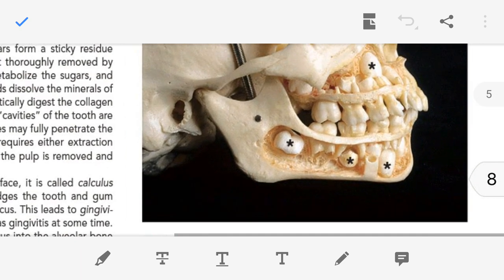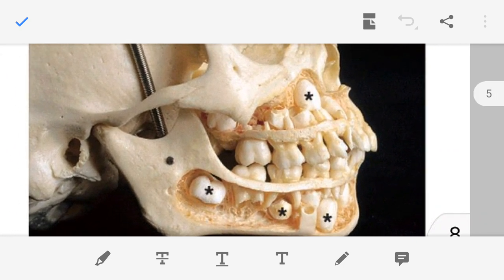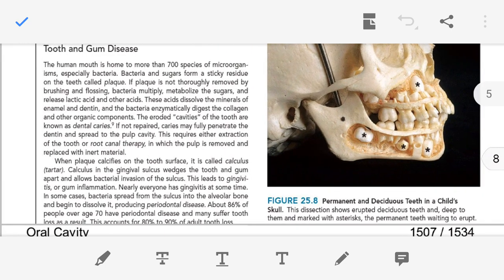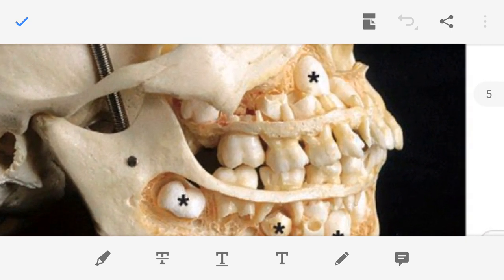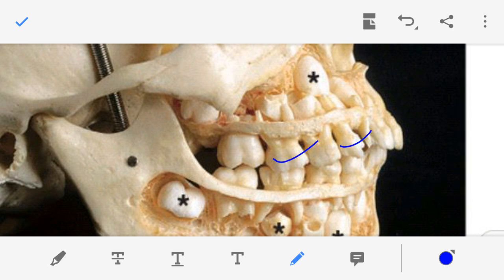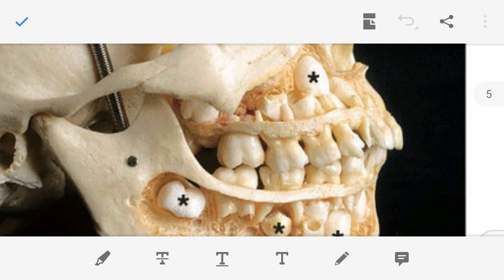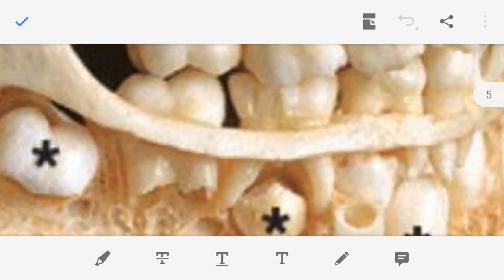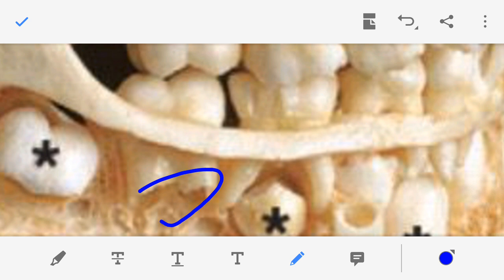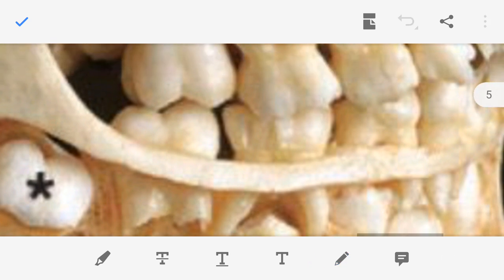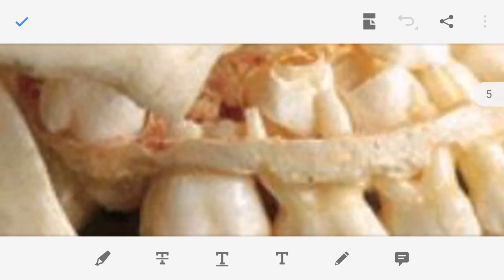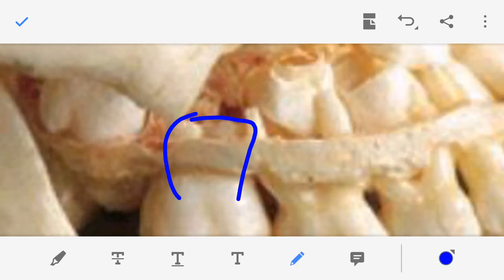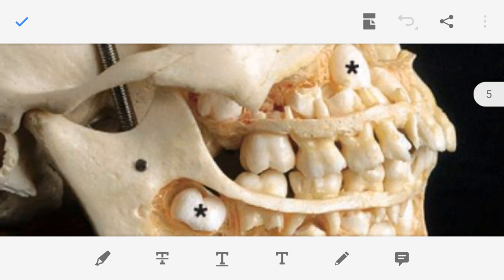If you observe this child skull closely, these are the milky teeth, and as you can see, they have started to fall off. Here also you can see they have started to fall off.